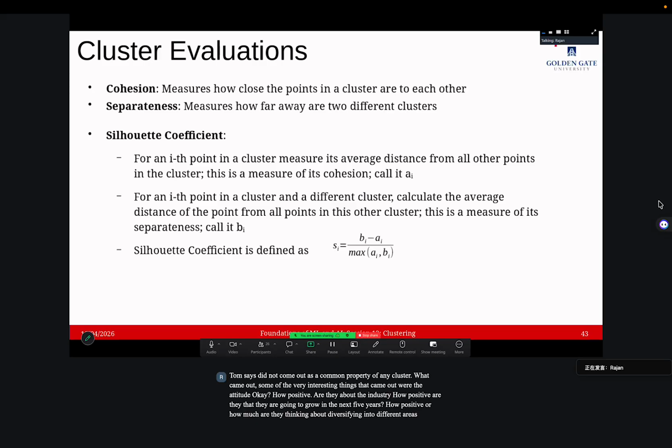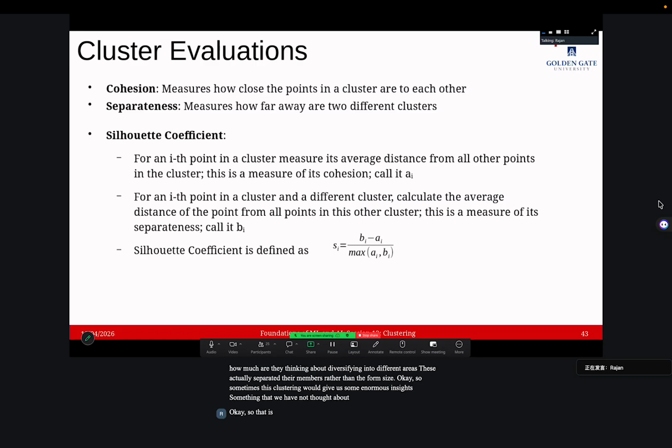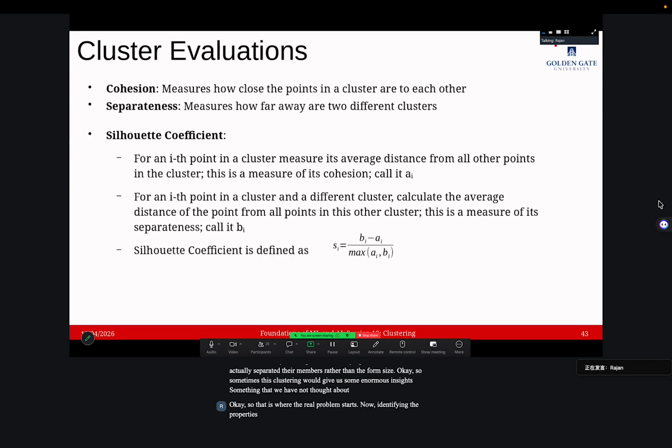These actually separated their members rather than the farm size. So sometimes clustering gives us enormous insights, something that we have not thought about. That is where the real problem starts: identifying the properties and then taking actions based upon this. So usually clustering is only used as an intermediate step.